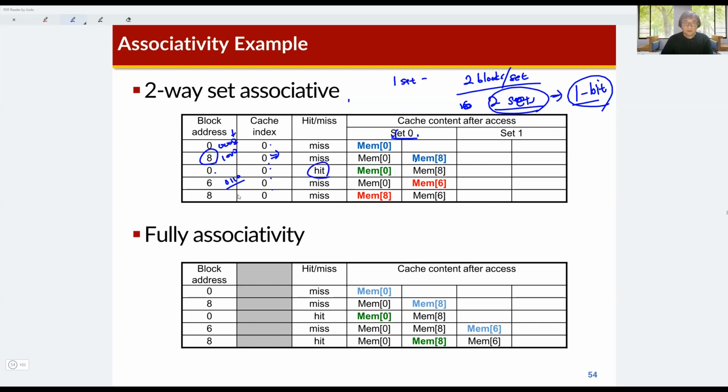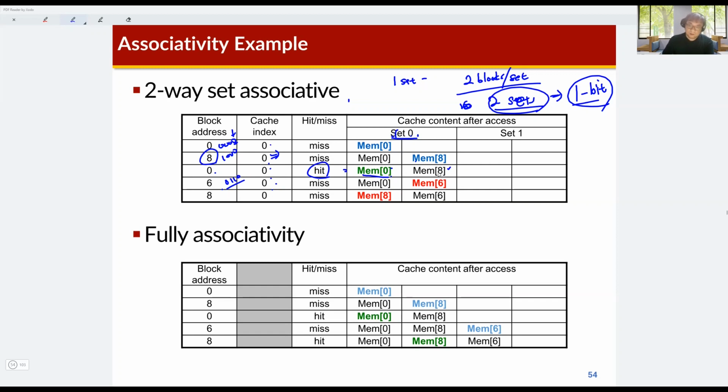Hit. 6: the cache index is the same, but the target cache set has all valid blocks, so we need to evict one of these valid blocks. Memory 0 was recently accessed, so this cache usually evicts the old data, the least recently accessed data.